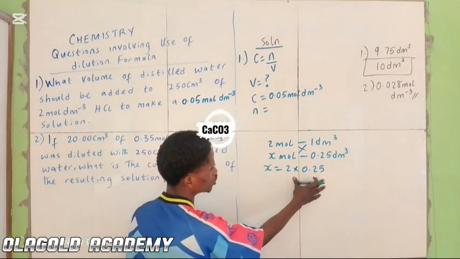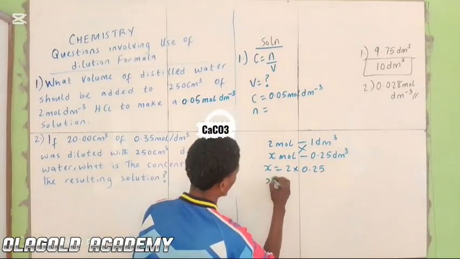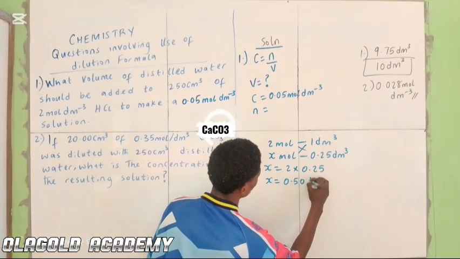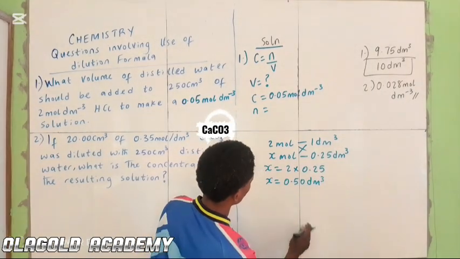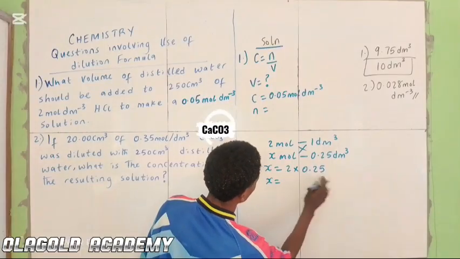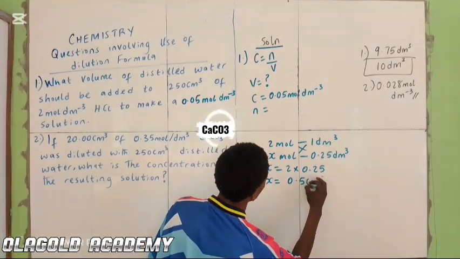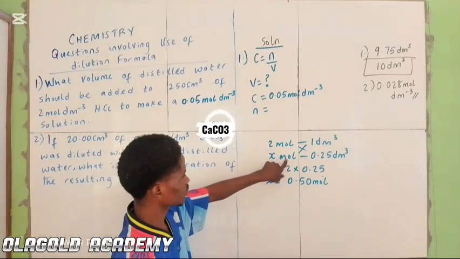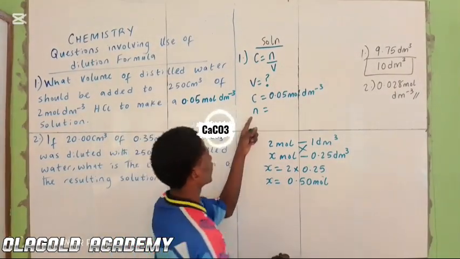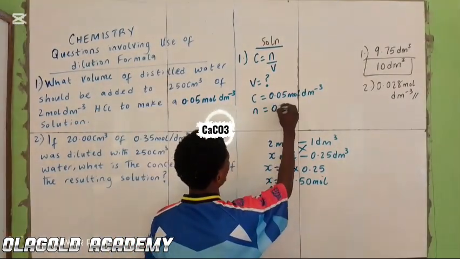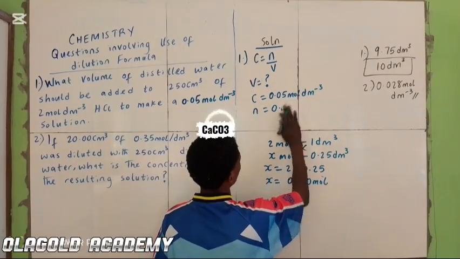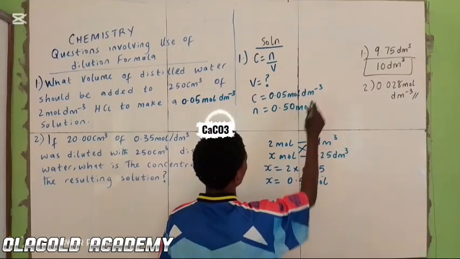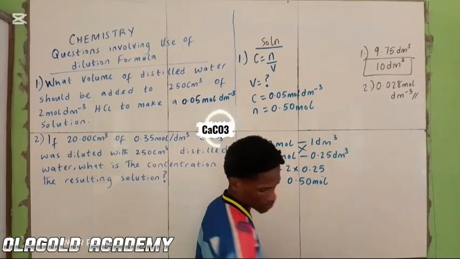We multiply this, we are going to get our x to be equal to 0.50 mole. So our mole equals 0.50 mole.